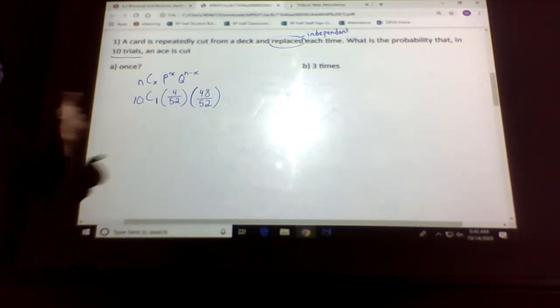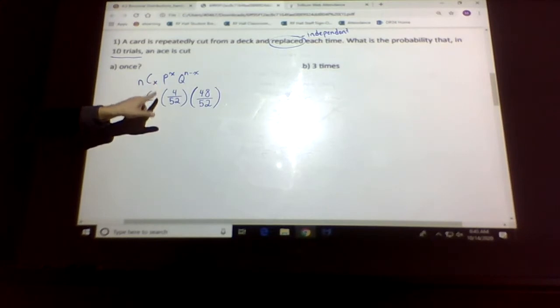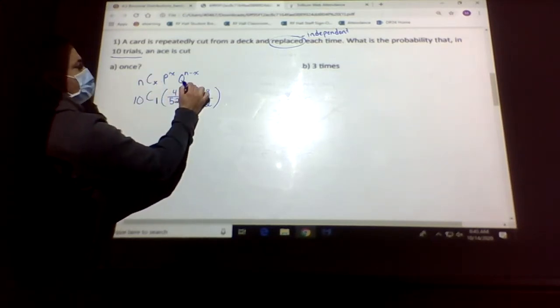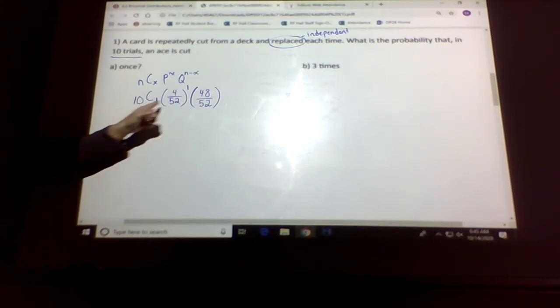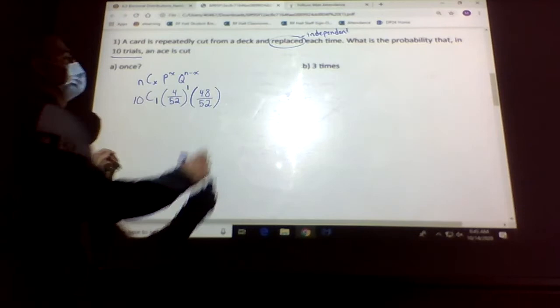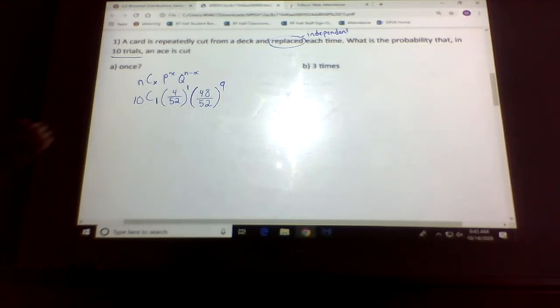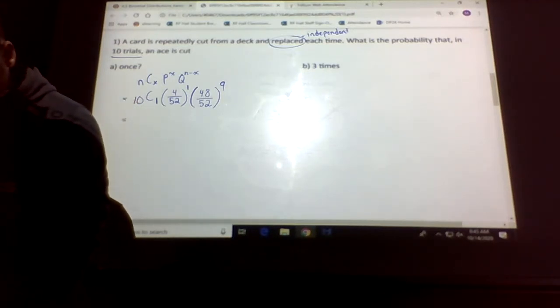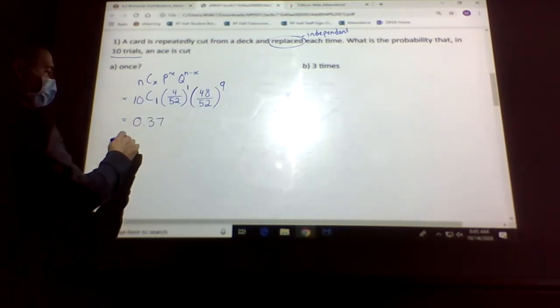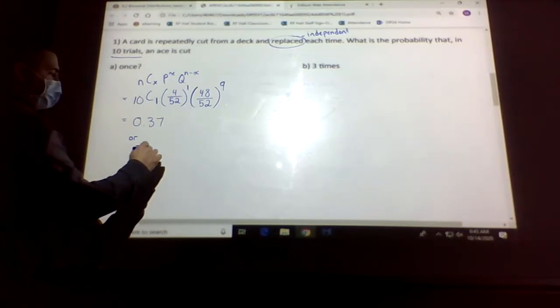And then your exponents, so just follow here. The x is the same x, so we have the exponent of 1. And then the exponent on the non-success is n minus x, so 10 minus 1, which is 9. And now solve. I have 0.37 or 37%.